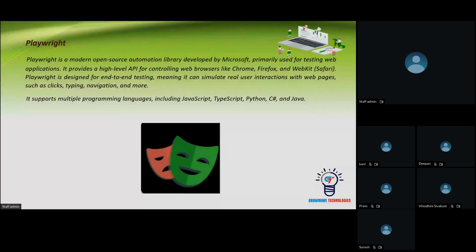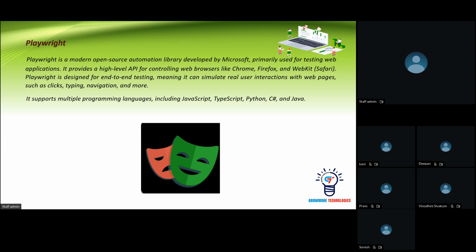So what is Playwright? Playwright is a modern open source automation library developed by Microsoft, primarily used for testing web applications. It provides a high level API for controlling web browsers like Chrome, Firefox, and WebKit.